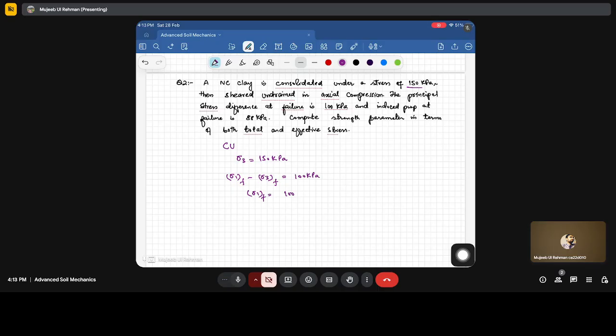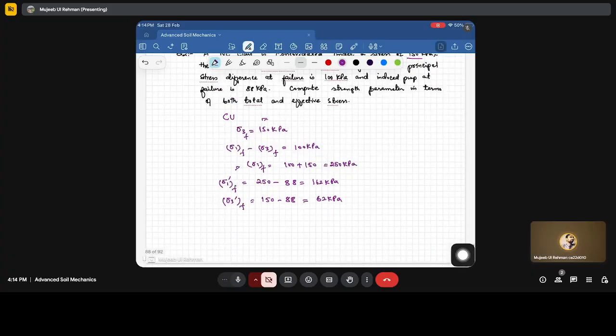It is 100 plus sigma 3 which is 150, so it's 250 kPa. We know sigma 1, we know sigma 3. Can we determine the sigma 1 dash at failure? It is 250 minus 88, it's 162 kPa. Sigma 3 dash at failure is 150 minus 88, it will come out to be 62 kPa. Correct?